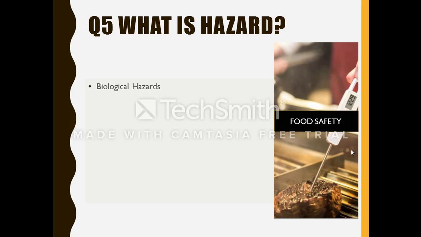We need to identify, for example, if you are dealing with chicken product, what is the most likely occurring biological hazard that needs to be controlled. For example, the presence of salmonella to prevent an outbreak, or the presence of E. coli, which is usually due to unhygienic practice or cross-contamination.